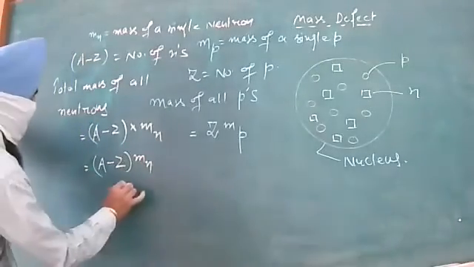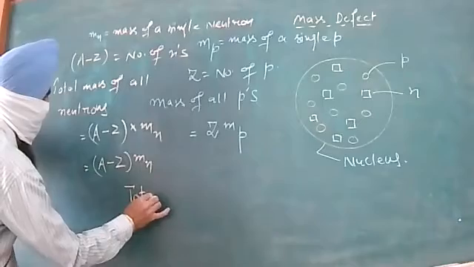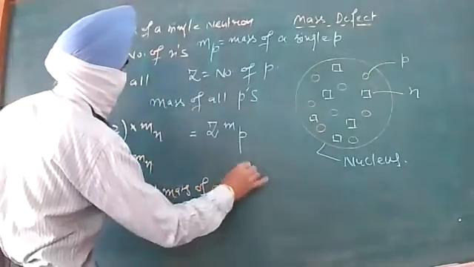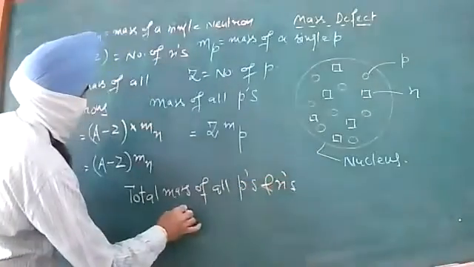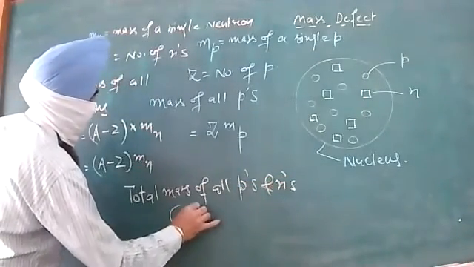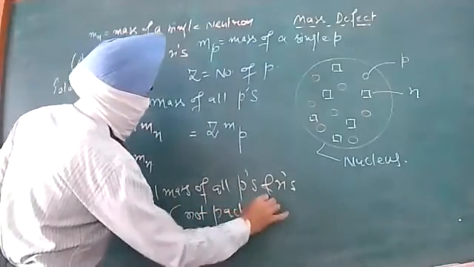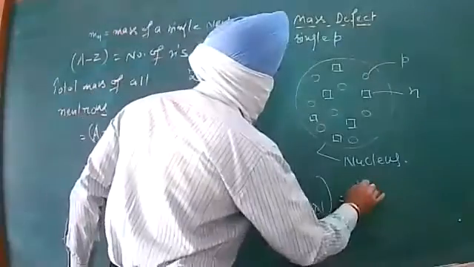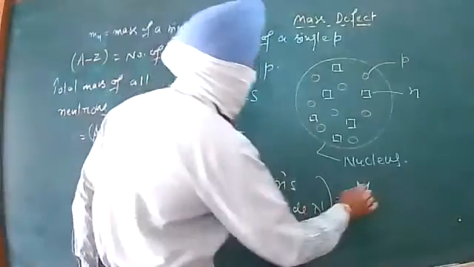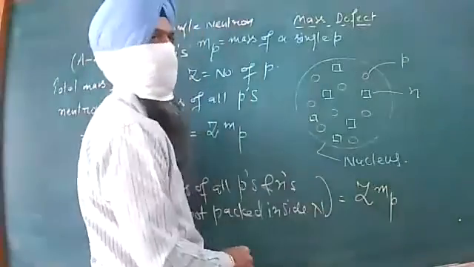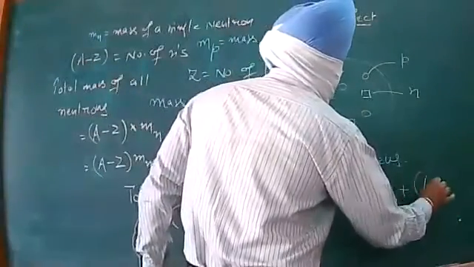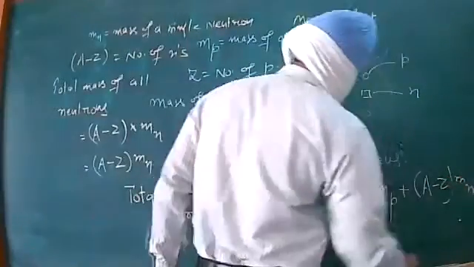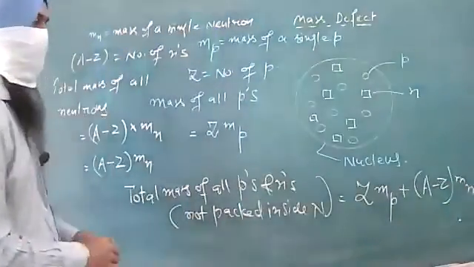Now the total mass of all protons and neutrons when these are not packed inside the nucleus is equal to Z number of protons, mp mass of single proton, plus A minus Z number of neutrons, mn mass of the single neutron.